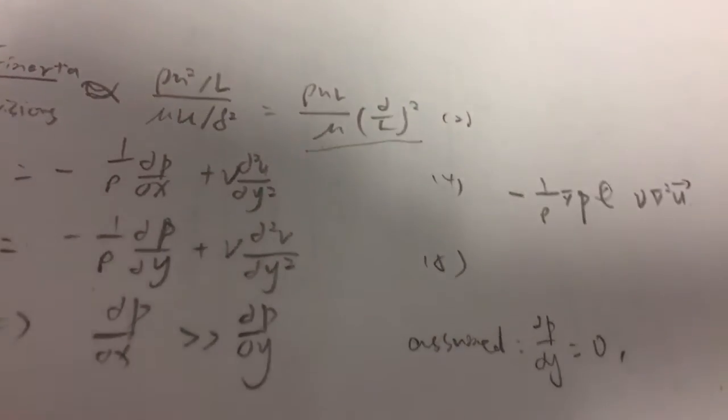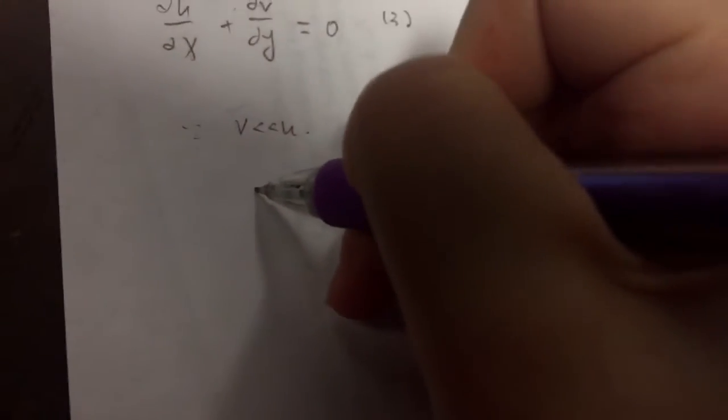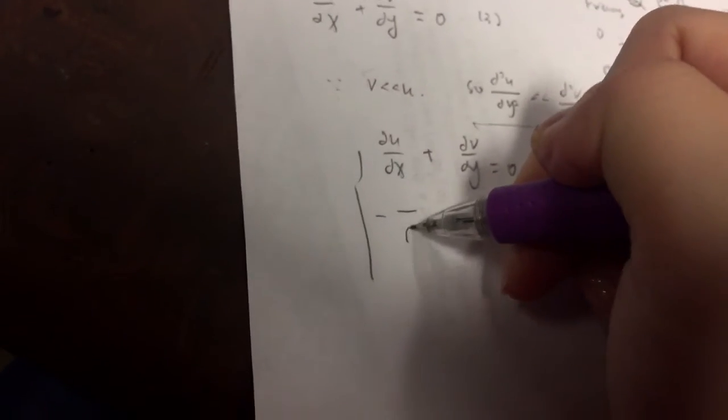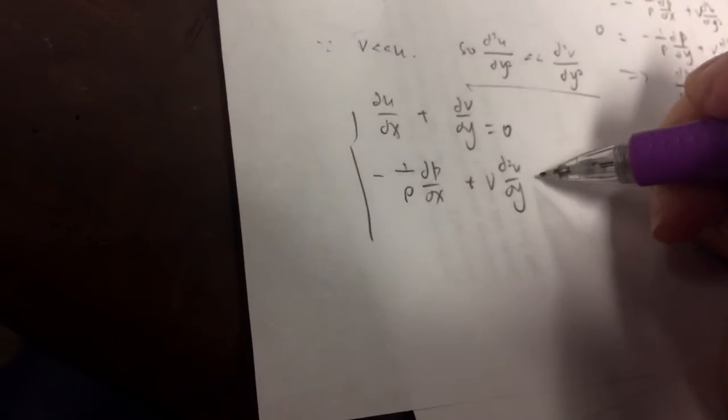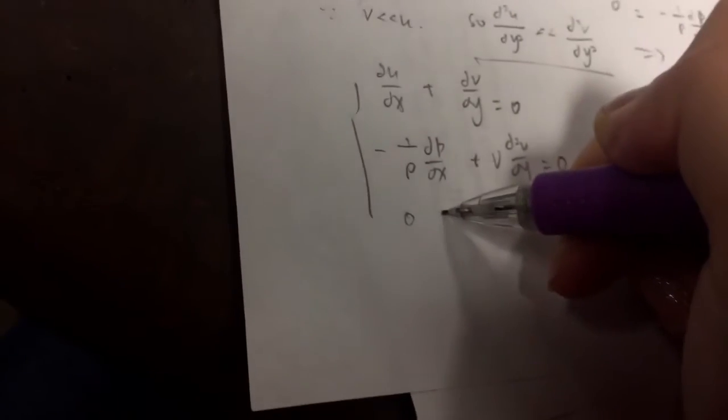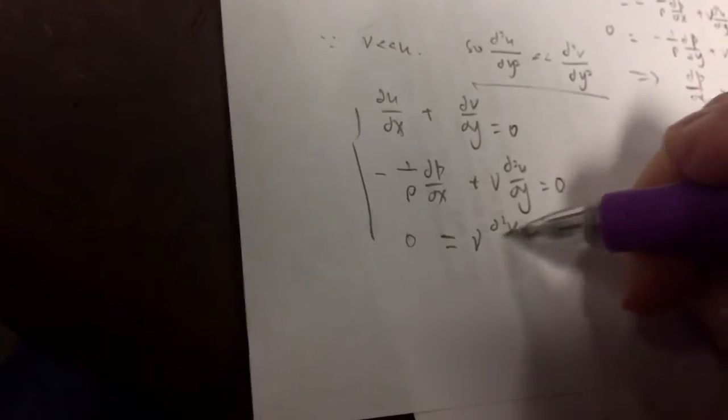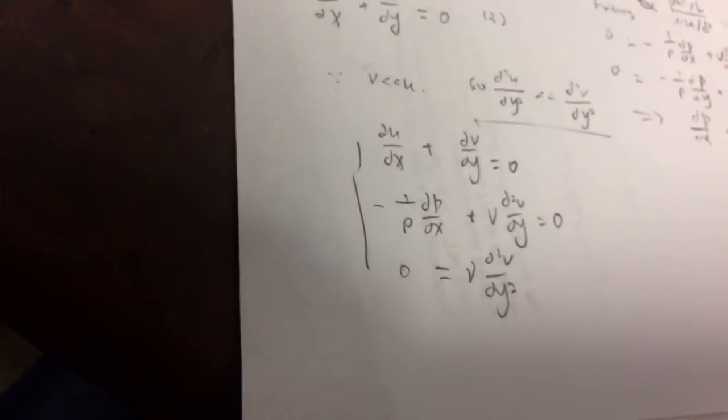Now we simplify the equations and we get this is the first one, the second one might be zero, and the last one is as shown.